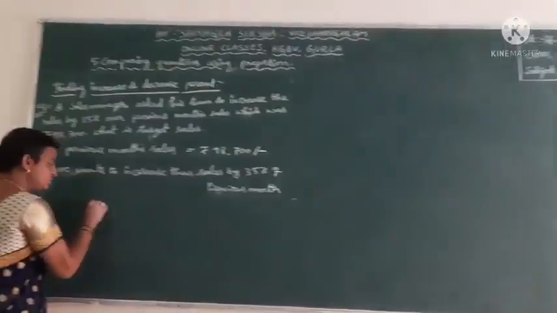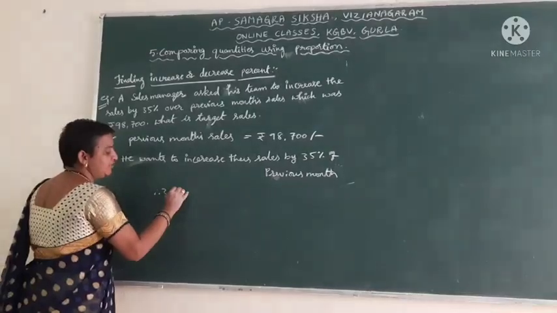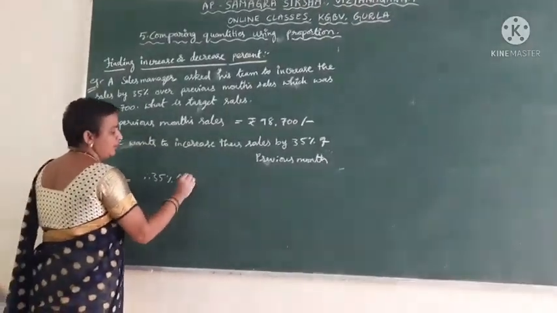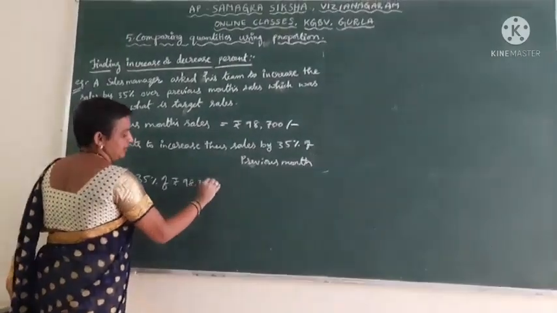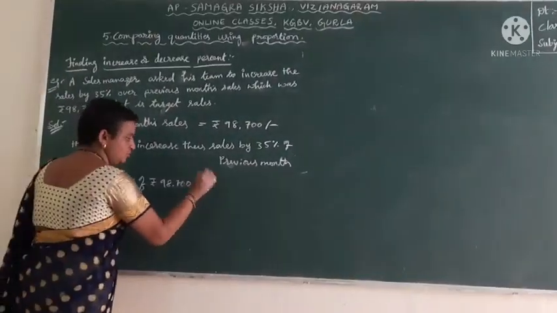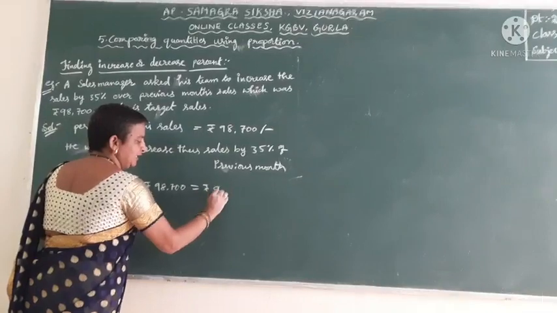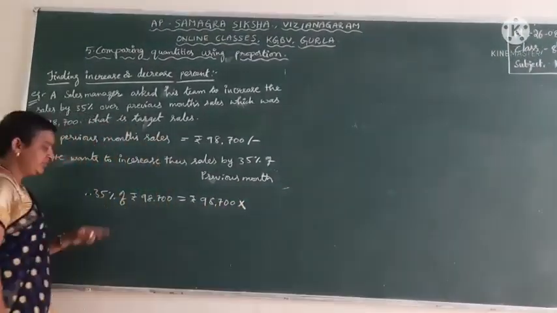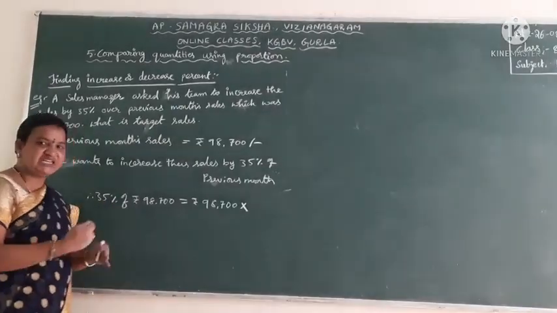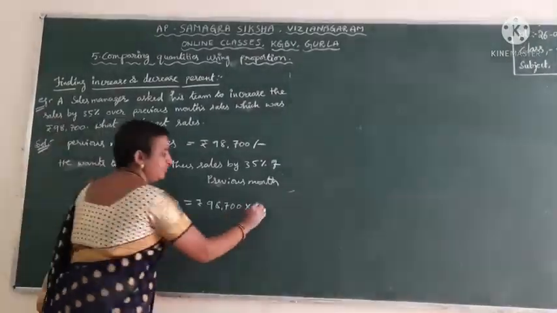So first we need 35% of rupees 98,700, which is equal to rupees 98,700 into 35%, and 35% means 35 by 100.